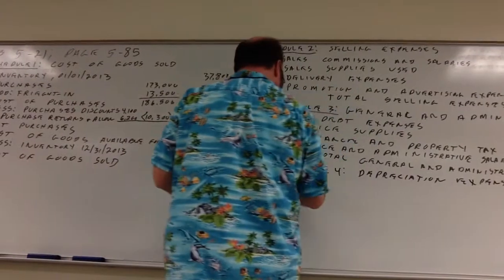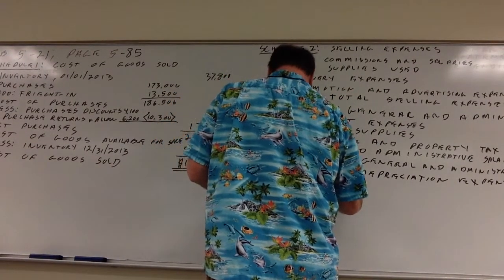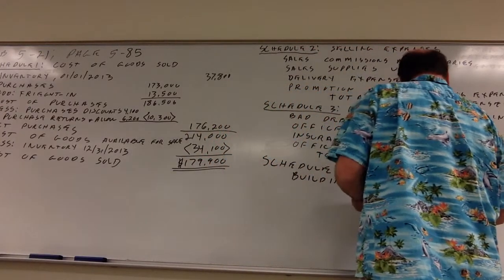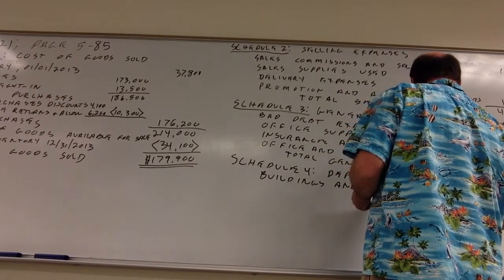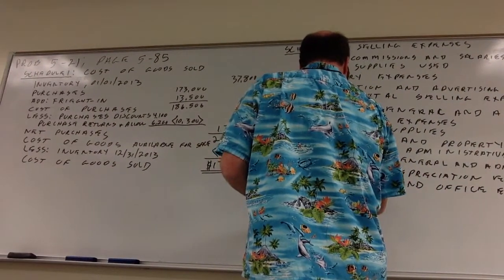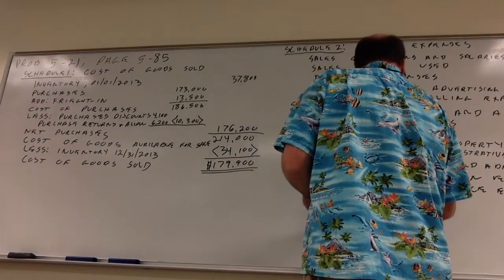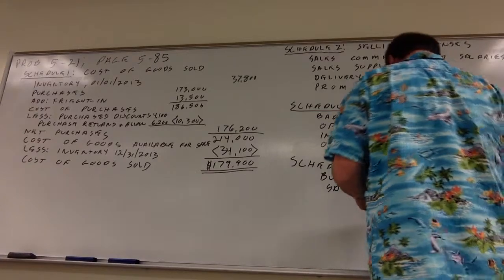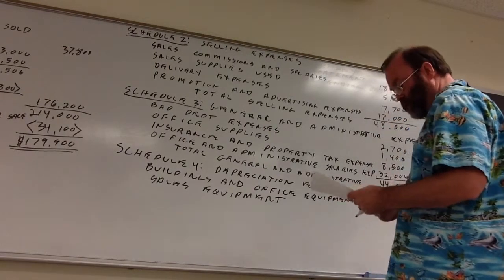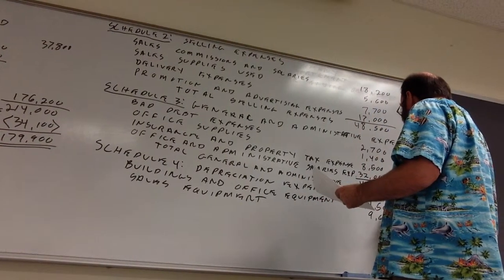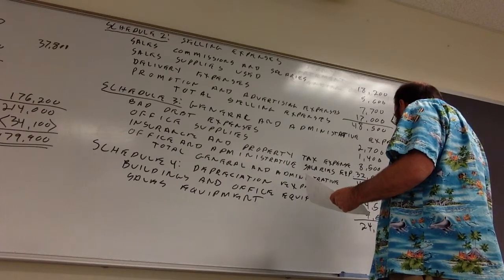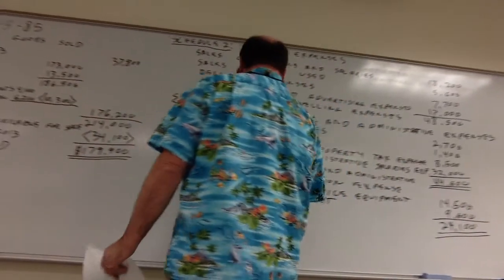You have buildings and office equipment, and sales equipment. 14,500 on the buildings and office equipment, and then 9,600 for the sales equipment, for a total of 24,100 as your total depreciation expense.